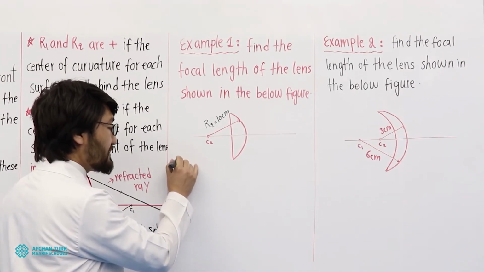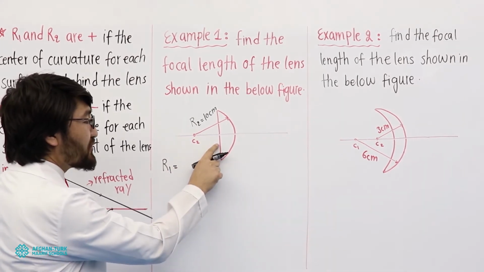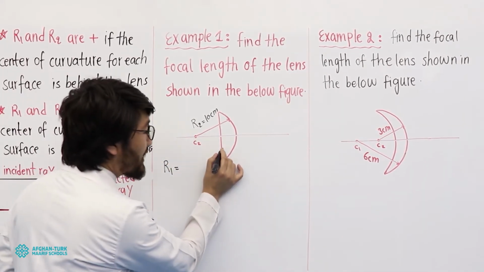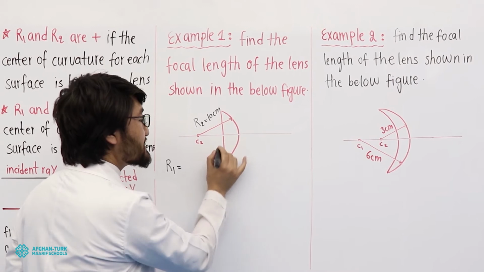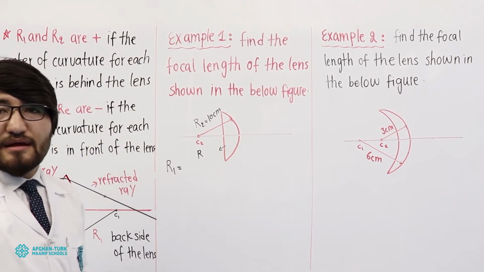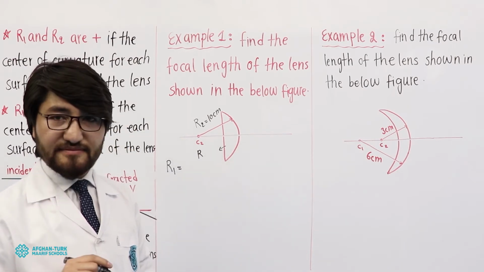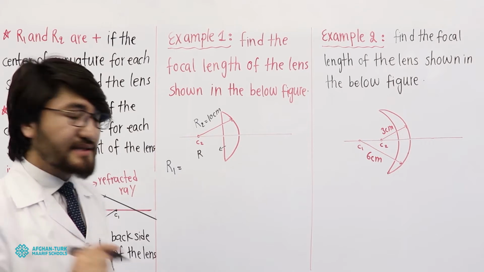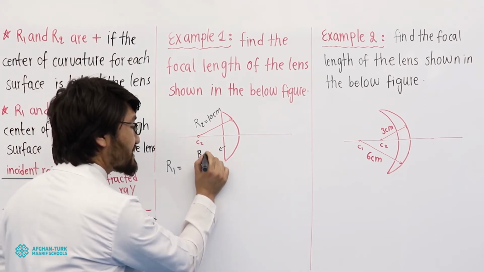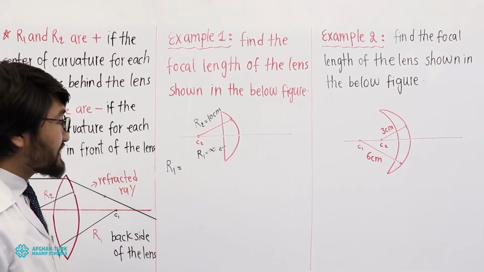Here we should find R1. In this view, R1 is here, and R1 is plane. A plane is a surface whose radius is infinity. So R1 is infinity.